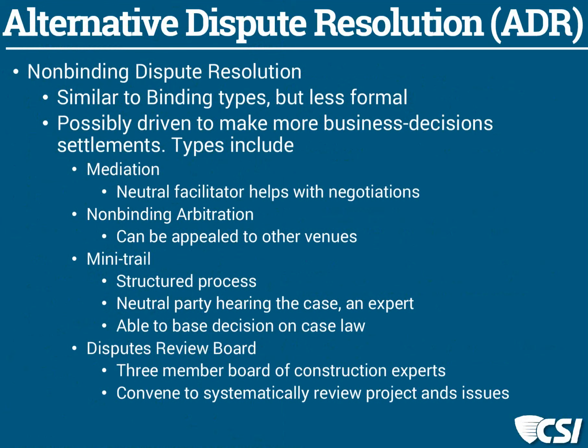Mini trials are a more structured process where neutral parties or an expert listen and make a judgment in the case. Also, those are able to be appealed to other venues, and they also might be more based on case law if, in fact, there are legal representatives involved in a mini trial.